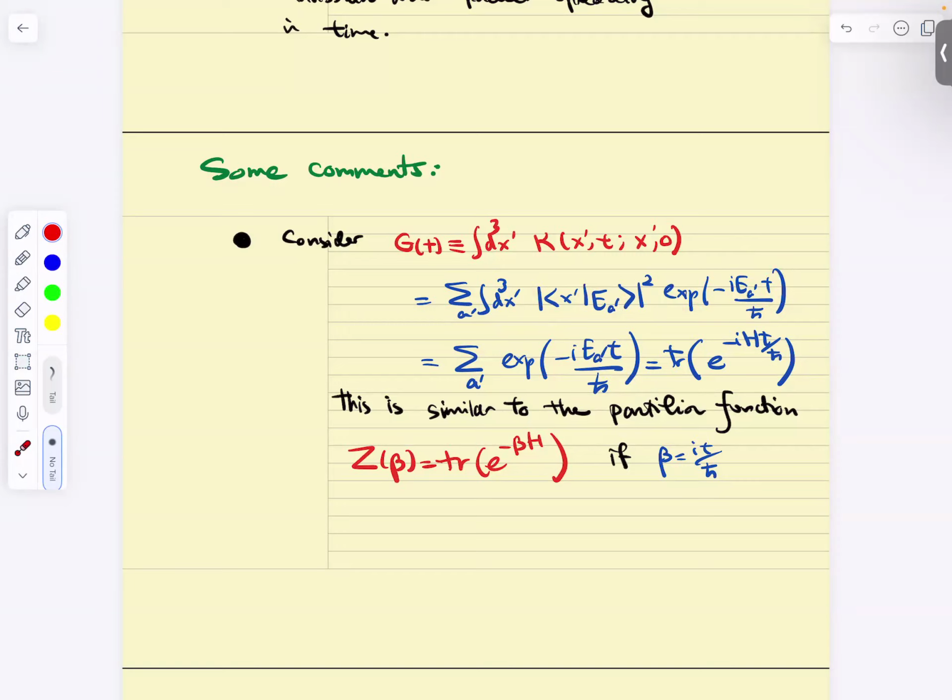That makes sense. Why? Well, trace, I can write it in my favorite basis. We said this is basis independent. Let's write it in the energy eigenket basis.